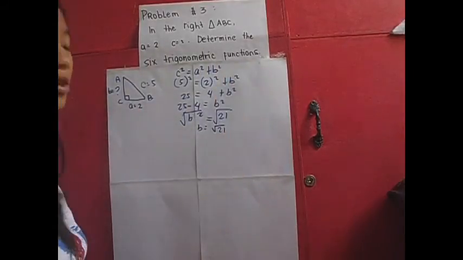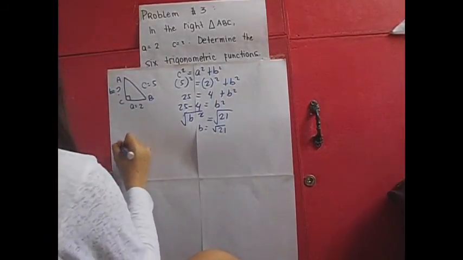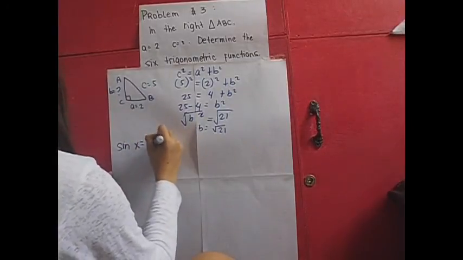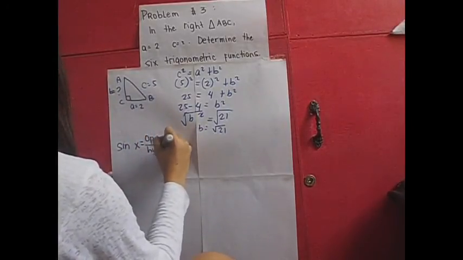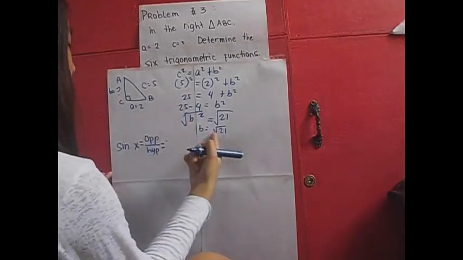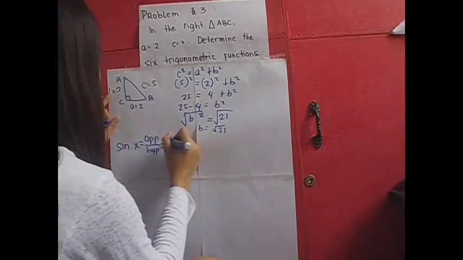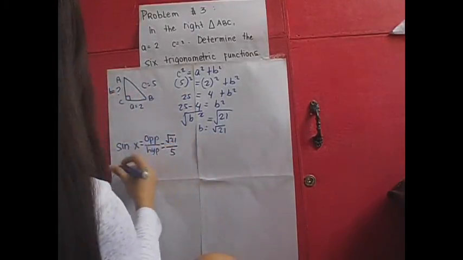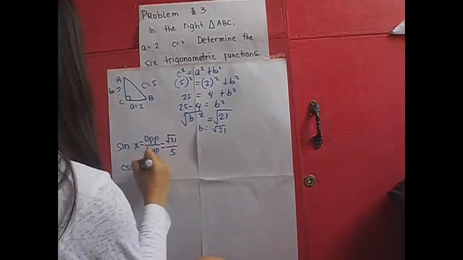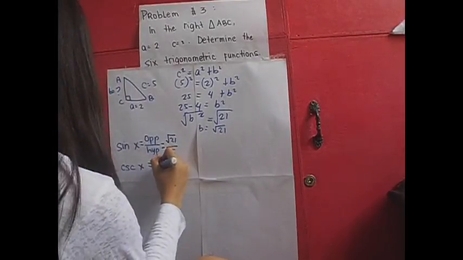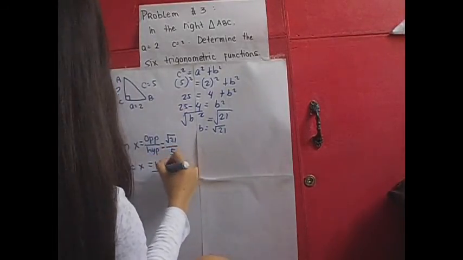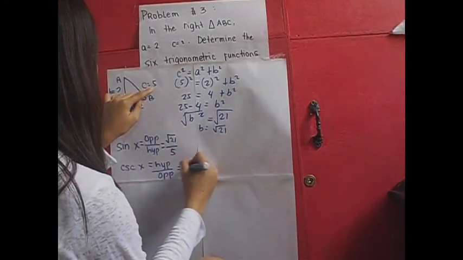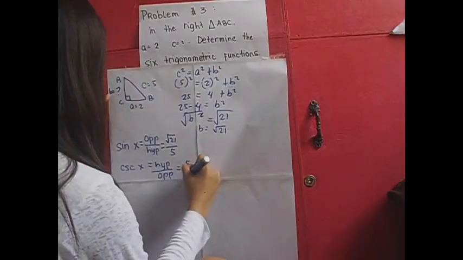Determine the six trigonometric functions. The first one is sine x equals opposite over hypotenuse. The opposite is equal to the square root of 21 and the hypotenuse is equal to 5. Cosecant x equals hypotenuse over opposite. The hypotenuse is equal to 5 and the opposite is equal to the square root of 21.